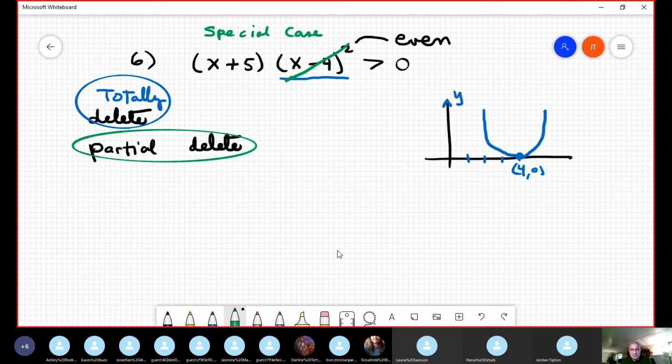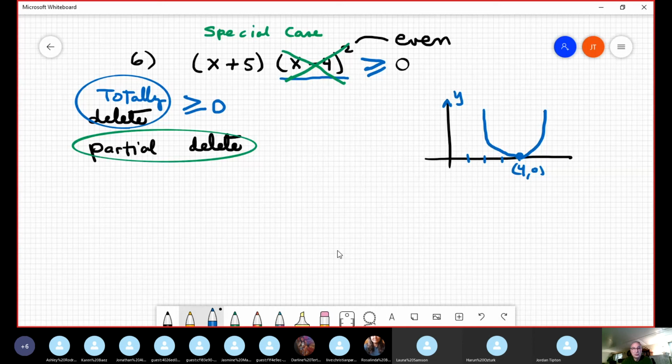Therefore, I can delete this factor. But partial delete or totally delete? This depends on this sign. See, this sign is greater than or equal to 0, so it is totally delete. Why?